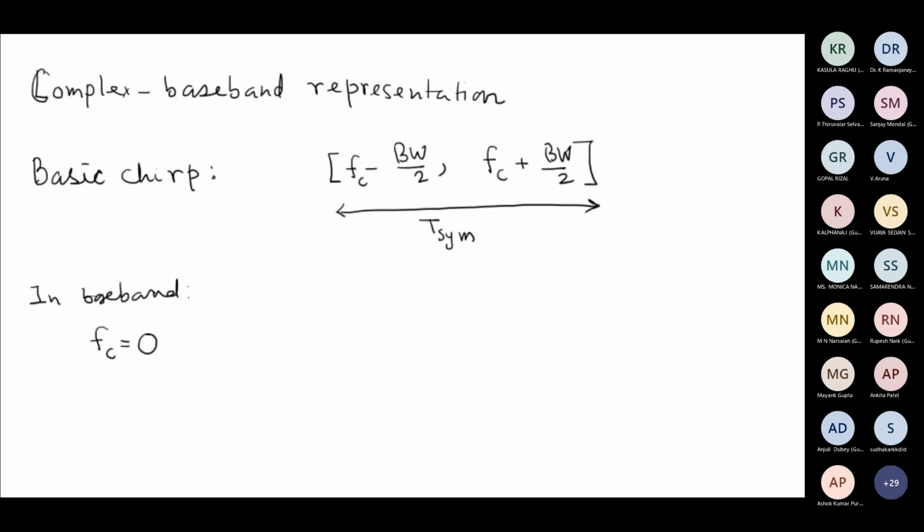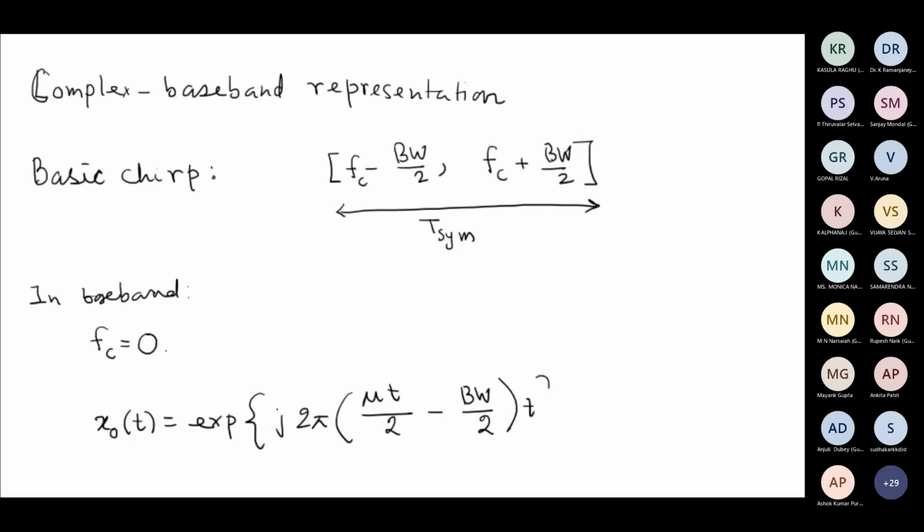So in the baseband, the complex baseband representation for the basic chirp is given by, we write it as x0(t) equals exponential of j 2 pi (mu t by 2 minus bw by 2) multiplied by t, and this time axis t goes from 0 to Tsym.